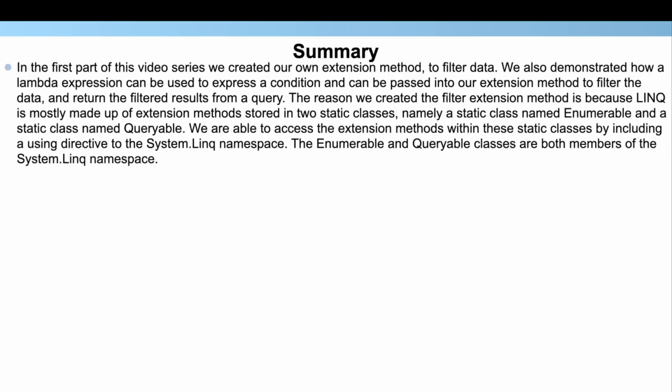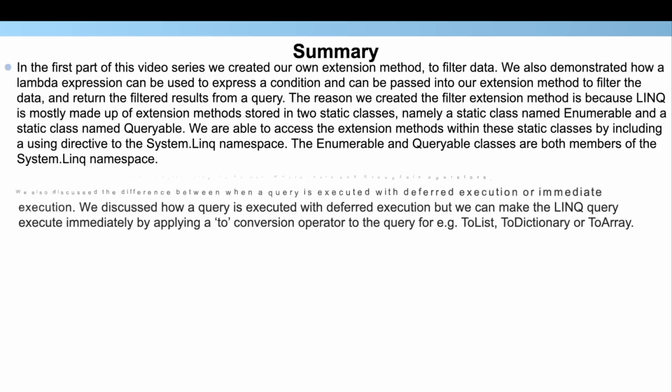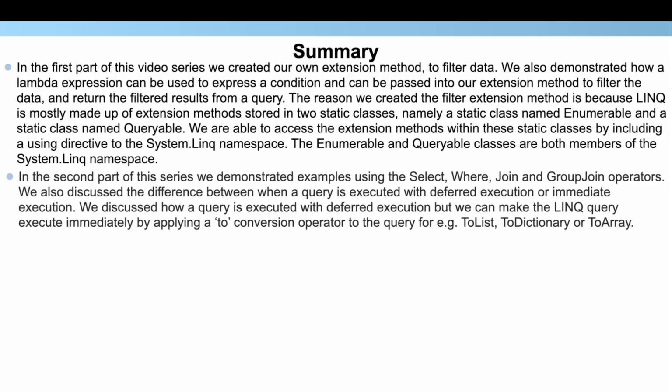We are able to access the extension methods within these static classes by including a using directive to the System.Linq namespace. The Enumerable and Queryable classes are both members of the System.Linq namespace. In the second part of this series, we demonstrated examples using the select, where, join, and GroupJoin operators.